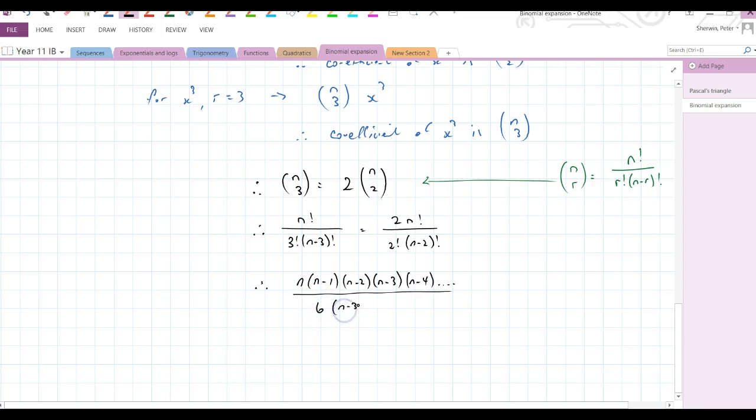And n minus 3 factorial is n minus 3, n minus 4, remembering taking just 1 off each time. That's equal to 2 times n, n minus 1, n minus 2, n minus 3 onwards, over 2 times n minus 2, n minus 3, n minus 4. You get the idea. We're taking away 1 each time, all the way down to 1.